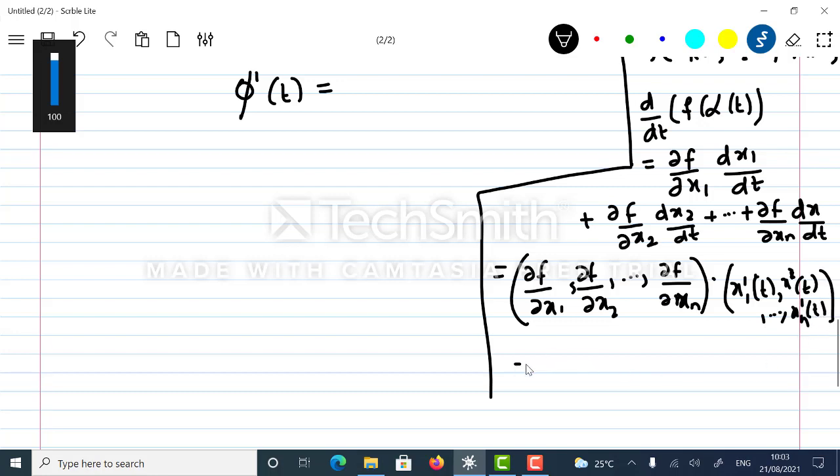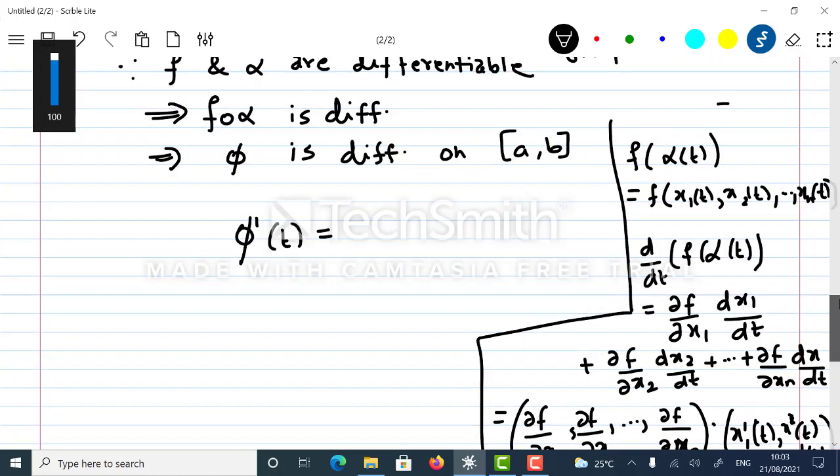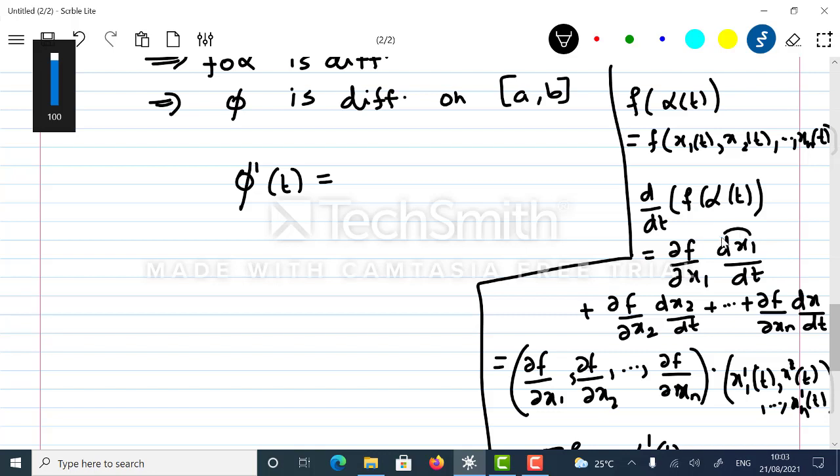This is the same as gradient f dot product with alpha dash t. I could write this only because it is the chain rule, and one should know this is the chain rule.